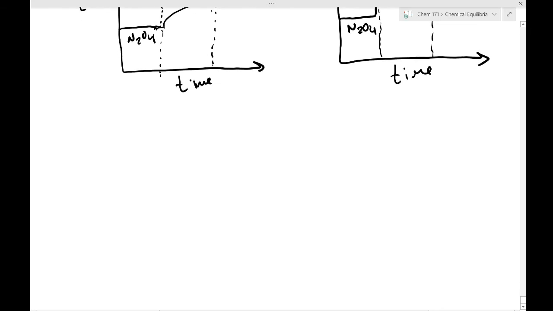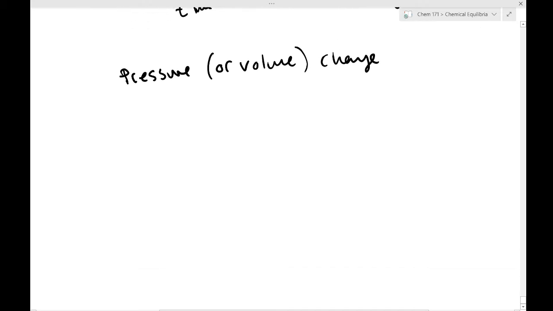Okay, that's concentration. Now, let's look at what happens when we change the pressure or the volume. If we look at, let's say, a system in a piston.